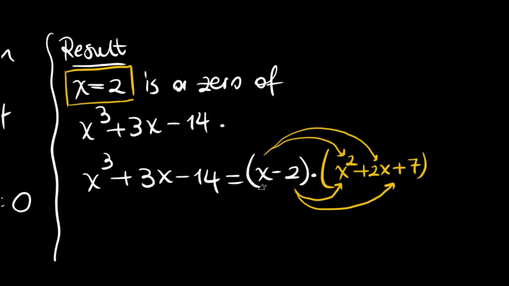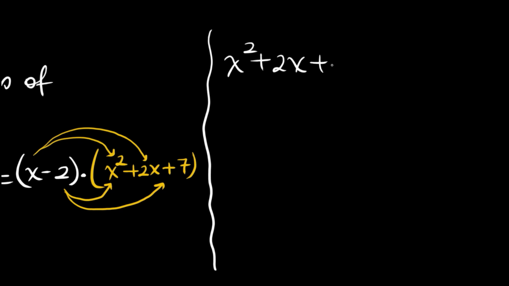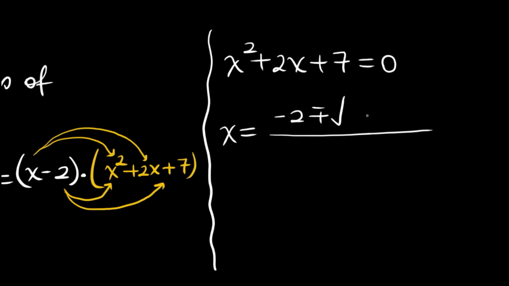So now this quadratic, x squared plus 2x plus 7, should be solved. x is equal to negative 2 plus or minus the square root of 2 squared minus 4 times 1 times 7, divided by 2 times 1, from the quadratic formula.